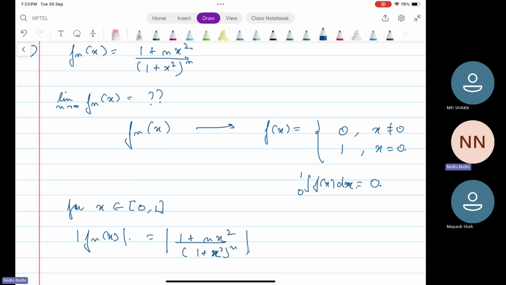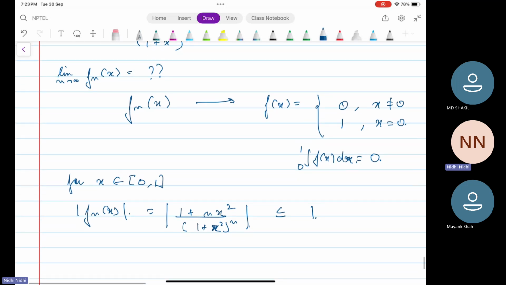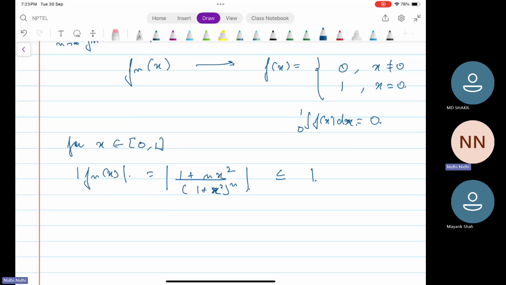This is less than or equal to 1, because when you expand (1 plus x square) to the power n using binomial expansion, its first two terms will be 1 plus n x square, and then we'll have some positive more terms because x is a positive real number. So this will be less than or equal to 1.